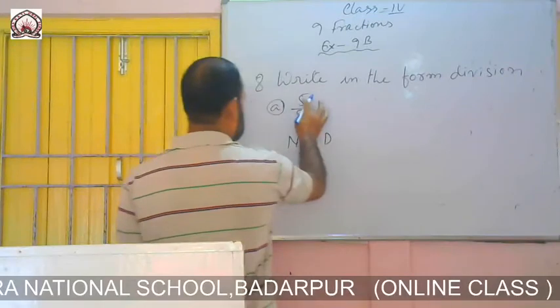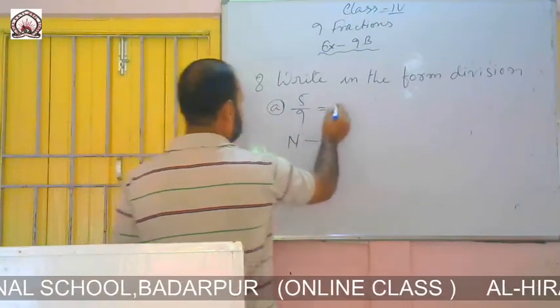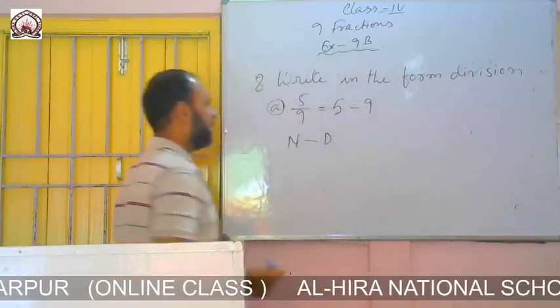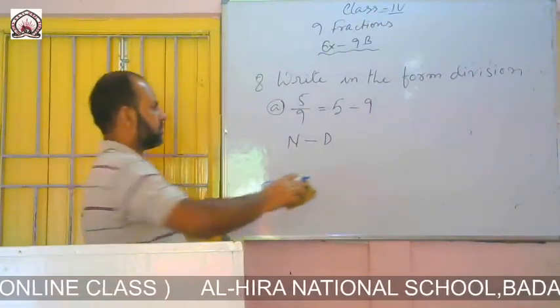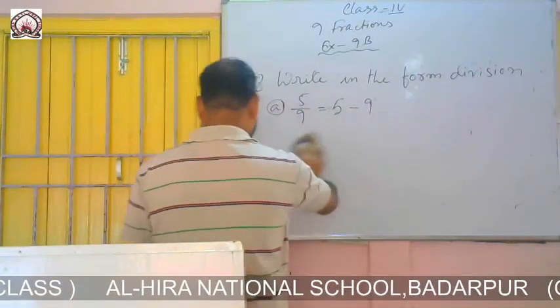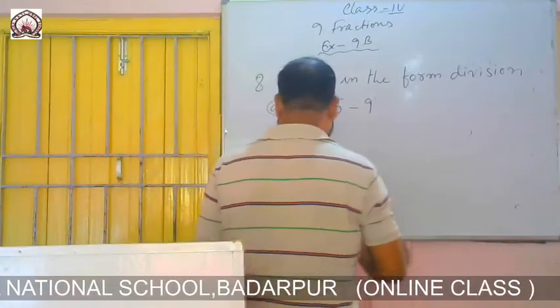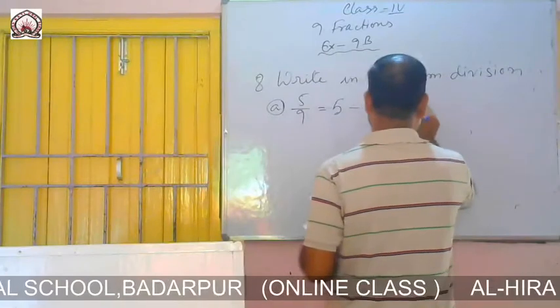So here the numerator is 5, divided by 9. So this is the division form.